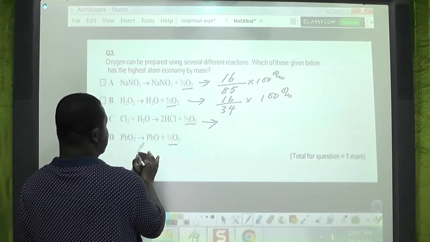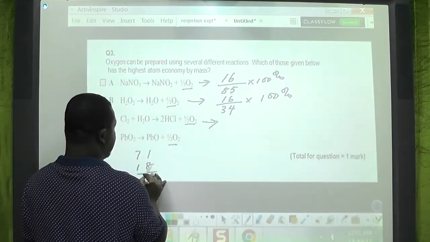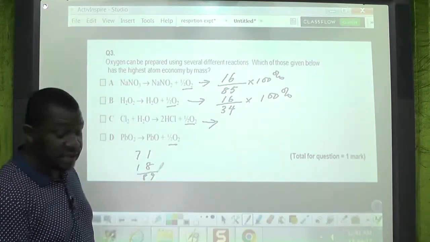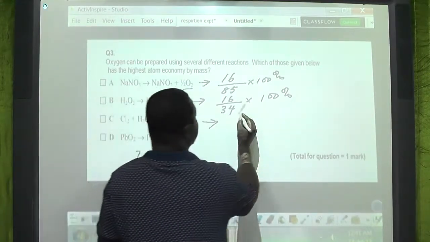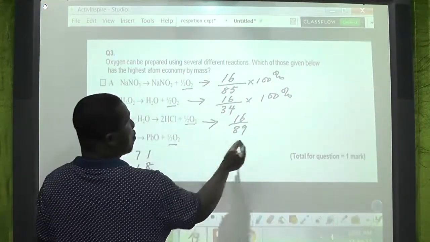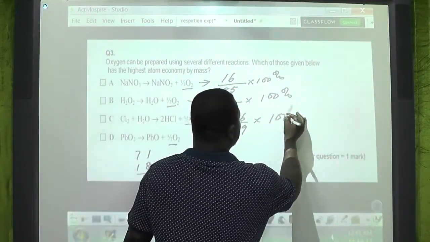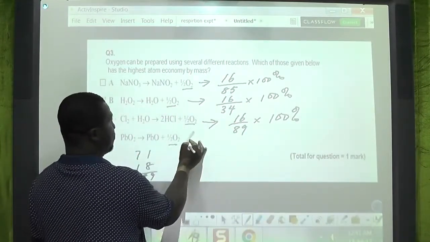This will give me Cl2 plus H2O, which is 35.5 times 2, this is 71, plus 18, this gives me 89. That gives me 89. I can see that here, 89. That gives me 16 divided by 89. Okay, you know better if the teacher is making a mistake.